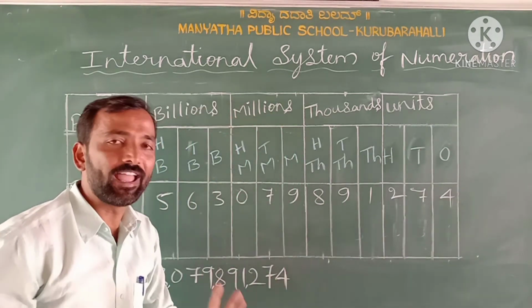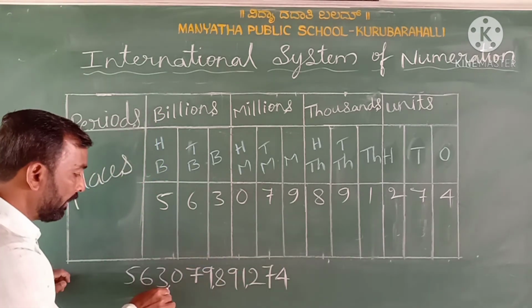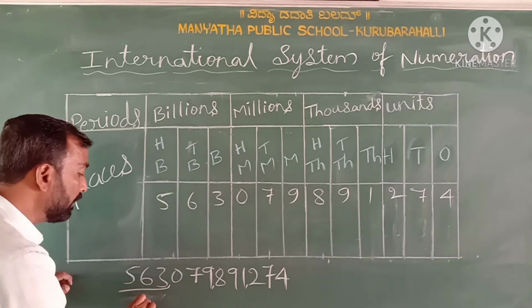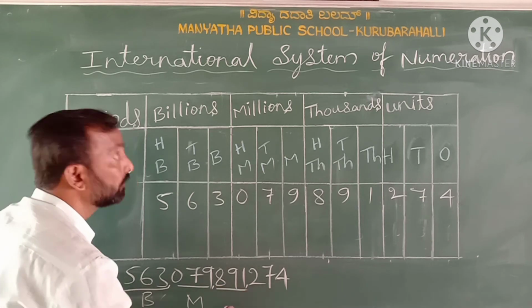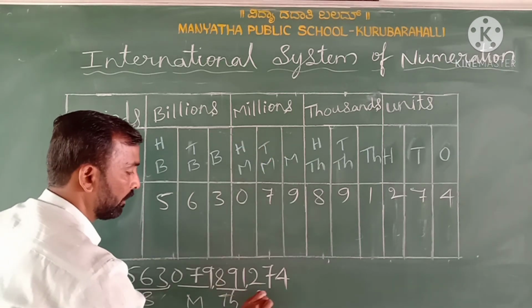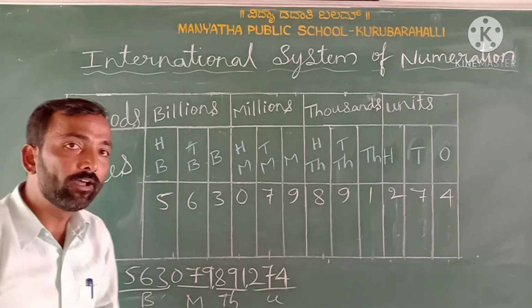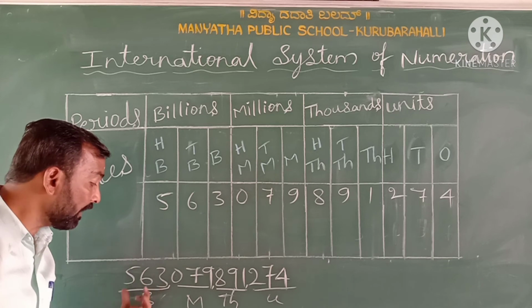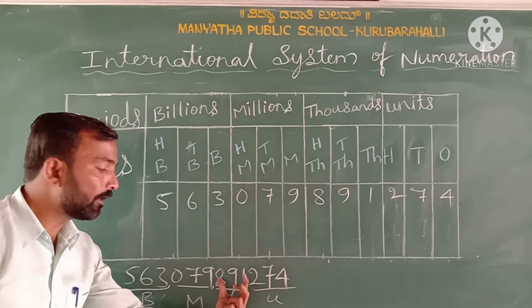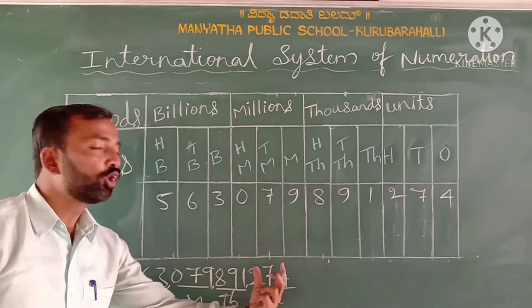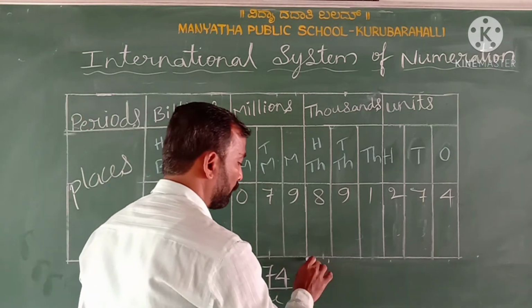Is it easy? Yes, it is very simple. Once again I read this one. It is the billion period, the million period, the thousand period, the units period. How can you read? 563 billion, 79 million, 891,274.